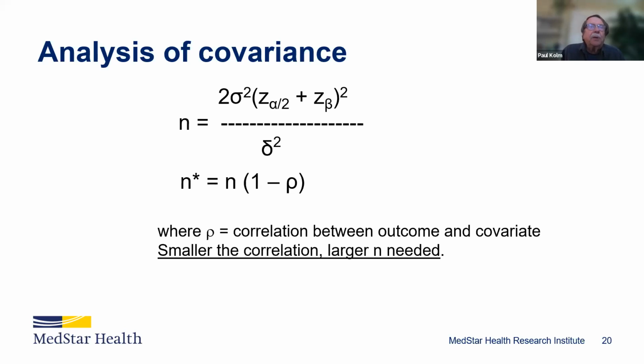And so we calculate this just like we would for a t-test, or we could have more than 2 groups here. But what we then need to do is whatever number we get, we need to multiply that by 1 minus the correlation. So if the correlation is 0.2, then we multiply the n by 0.8. And it turns out that the smaller the correlation, then the larger sample size that's going to be needed.